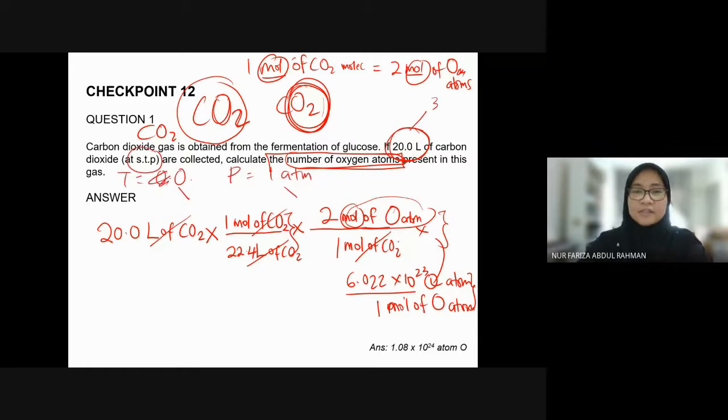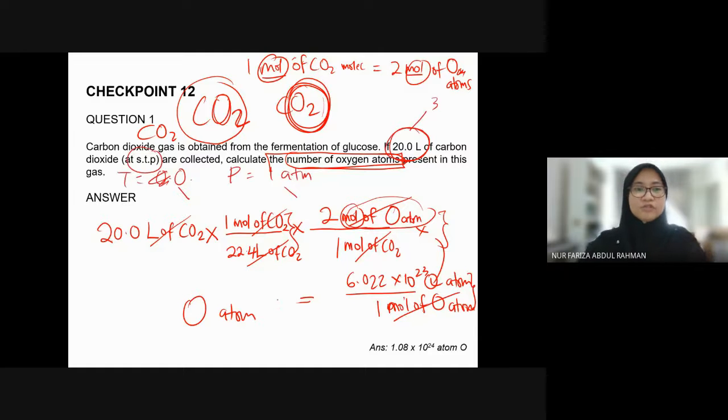The conversion factor must be related; you should be able to justify why you use this number and what the relationship is between them. This will be cancelled out, and we will end up with the unit as oxygen atoms.